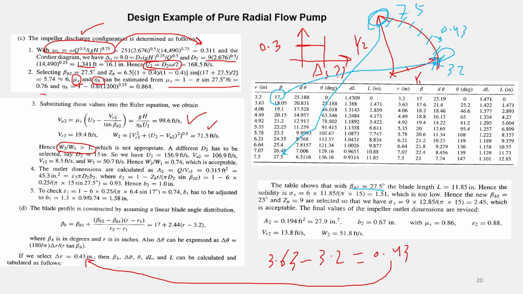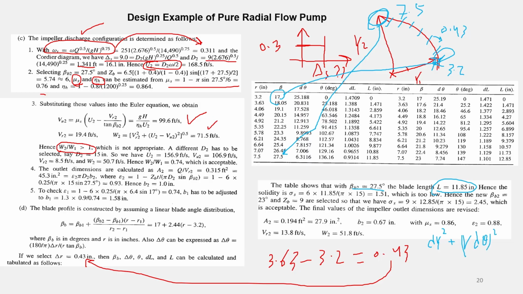With that being said, the length can be calculated. Remember, the length is the square root of delta R squared plus R delta theta, all squared. So please check this equation as well.